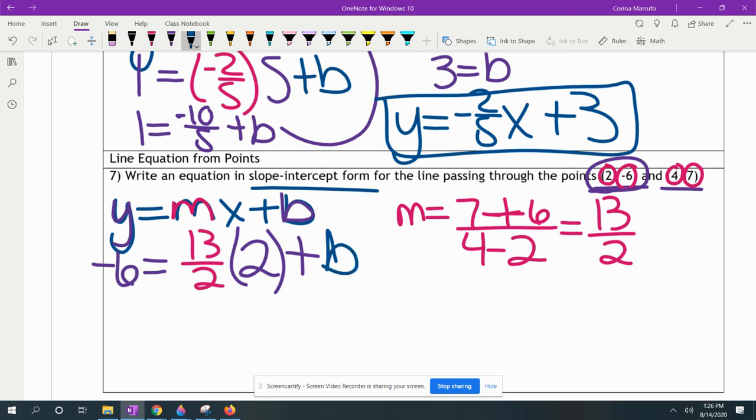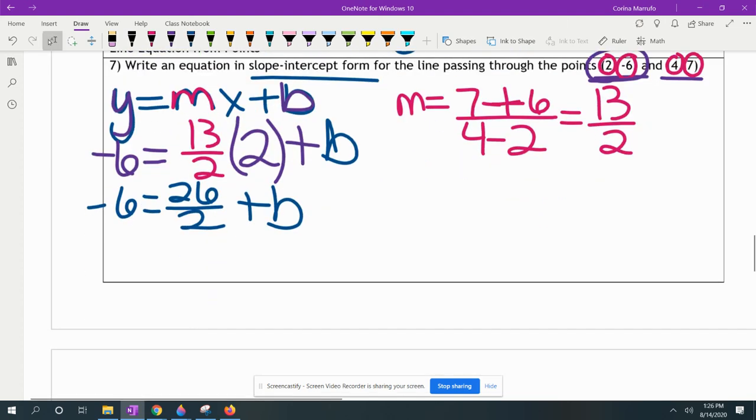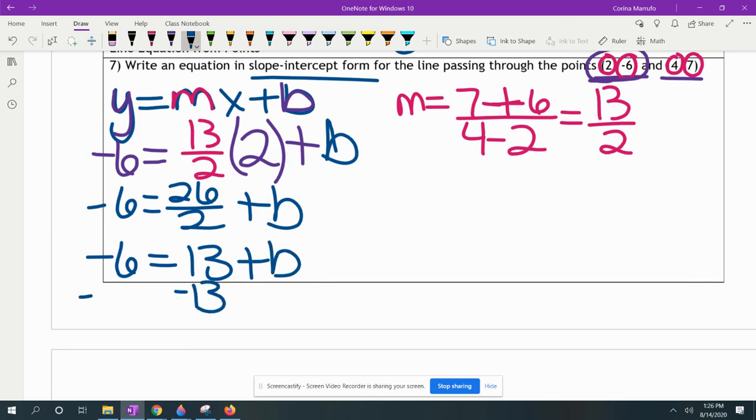So here, 13 times 2 gives us 26. So negative 6 equals 26 divided by 2 plus b. Now 26 divided by 2 is 13, so we have negative 6 equals 13 plus b. And our last step to solve for b is to subtract the 13. This cancels.